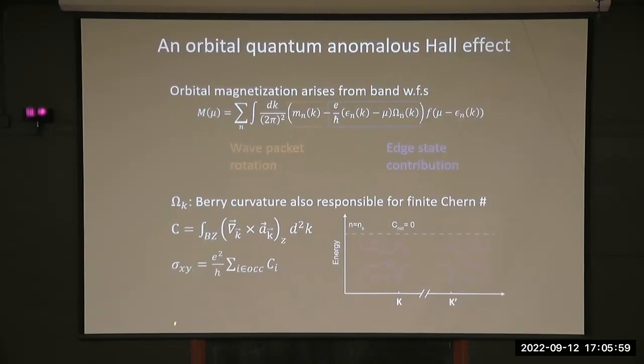It's famously proven by Thouless and collaborators, the quantized Hall effect, you can think about it as a sum of the Chern numbers, which is our topological invariant, of filled bands, over all the occupied bands. And it turns out that that Chern number is simply the integral of exactly this same Berry curvature over these filled bands.